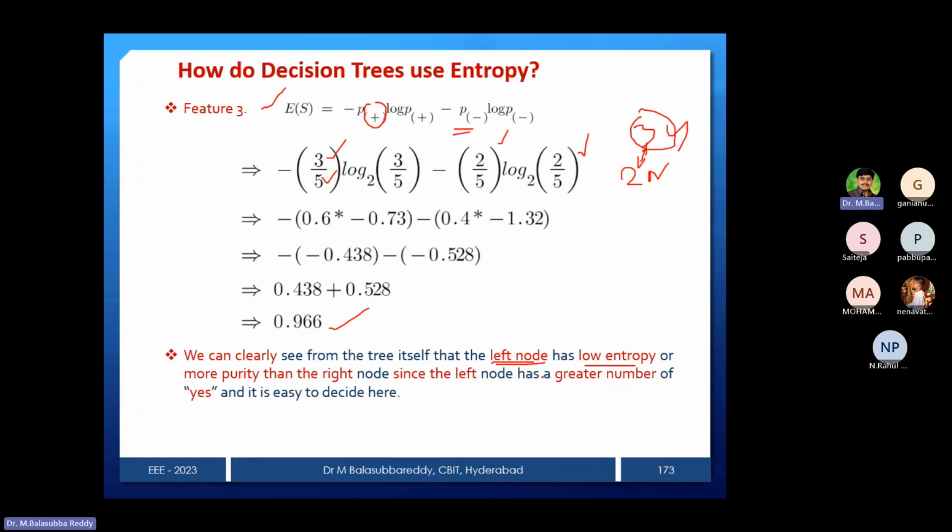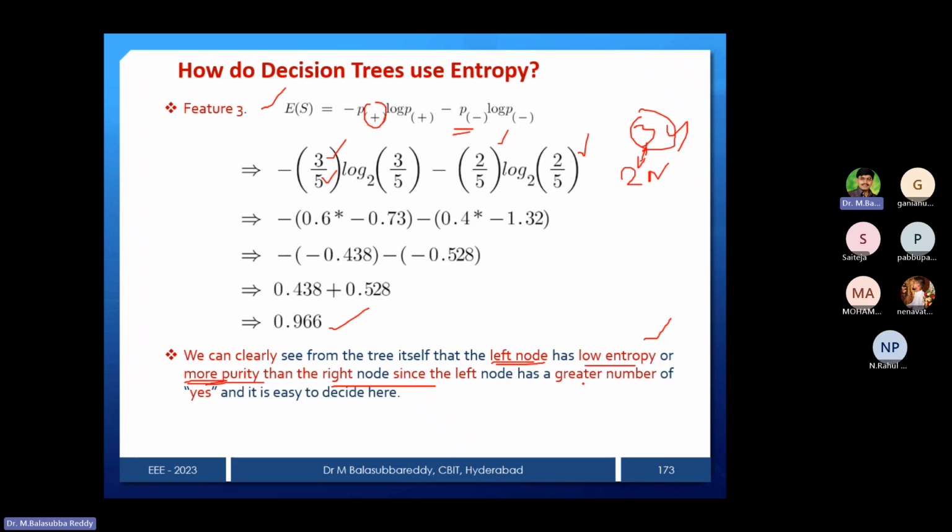Low entropy means more purity than the right node. Entropy calculates the impurity, so low entropy is nothing but more purity. The lower the entropy value, the higher the purity.